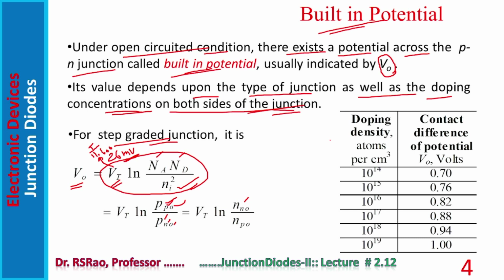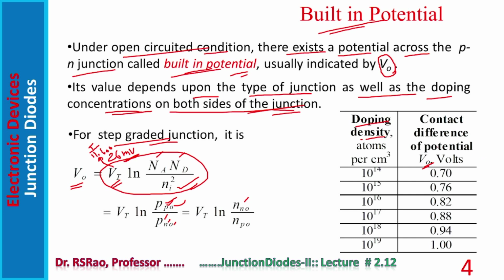In this slide, you can find a small two-column table. In one column, doping density is given, 10 power 14, 10 power 15, 16, 17, 18, 19. In the next column, the value of contact difference of potential. Built-in potential is also known as contact difference of potential.